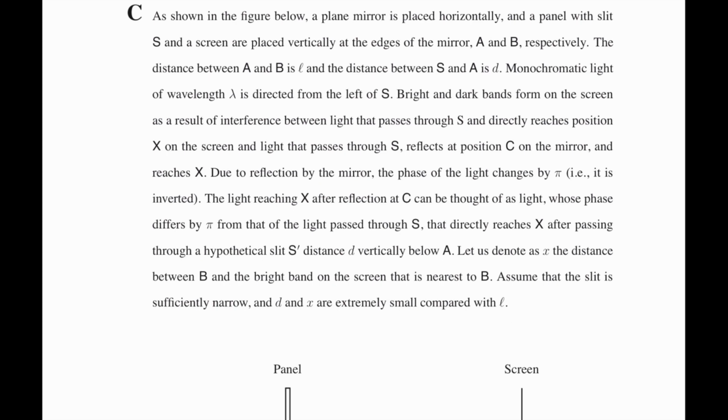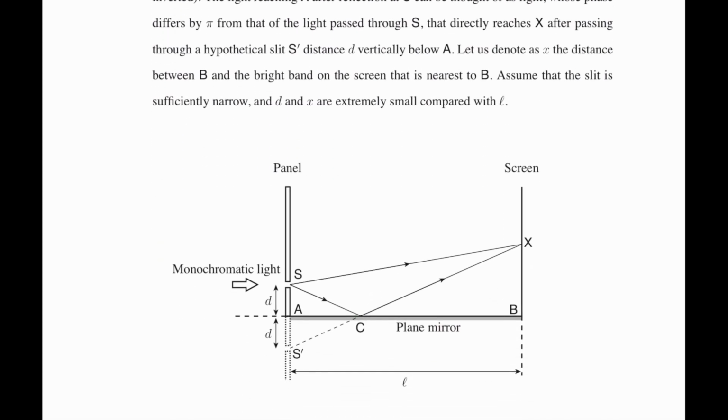As you can see from this diagram, you have a slit S, a mirror AB, and a screen. The panel which contains the slit and the screen are placed in the vertical direction, while the mirror is horizontal.